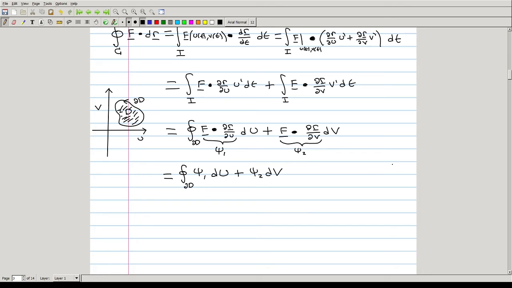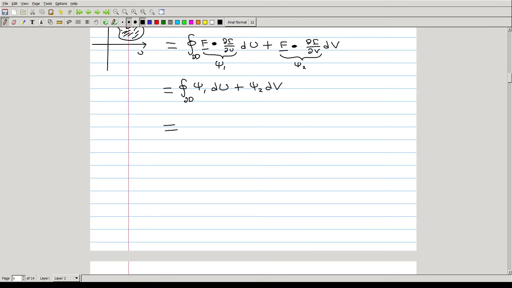And I'll give you a second to think about exactly what it is that we're going to do here, but notice that this uv space, because it's a parameterization of a surface, is in general some two-dimensional space. We can directly apply our Green's theorem from last lecture to this expression right here.